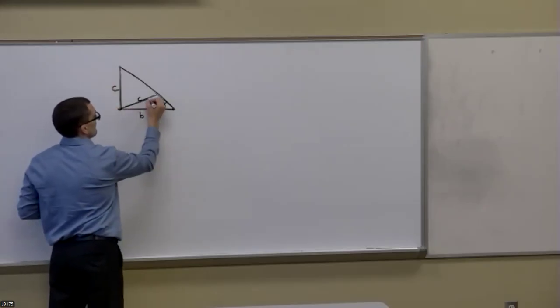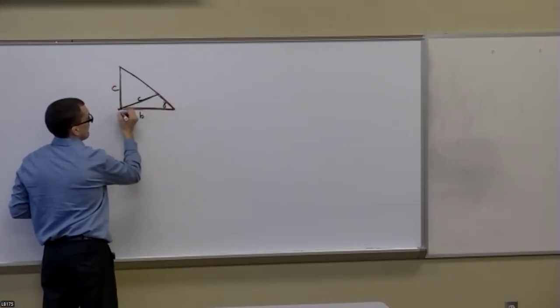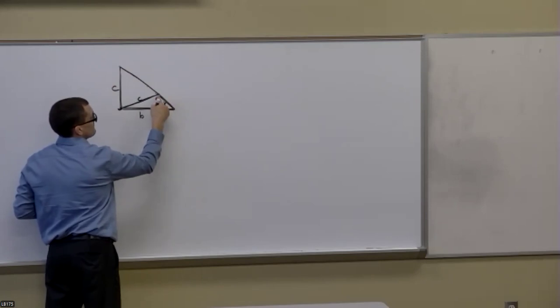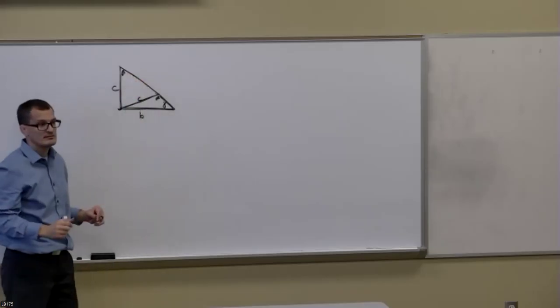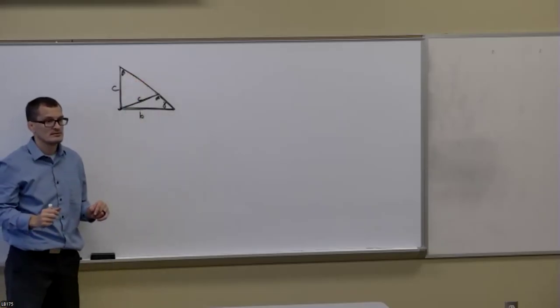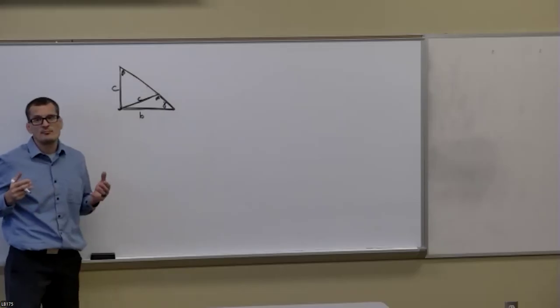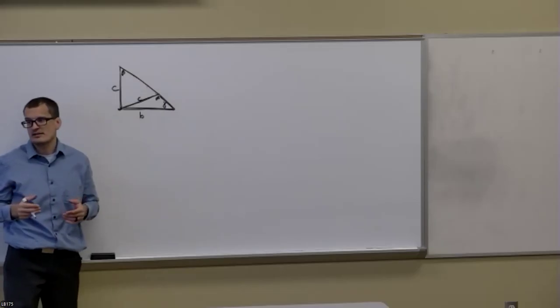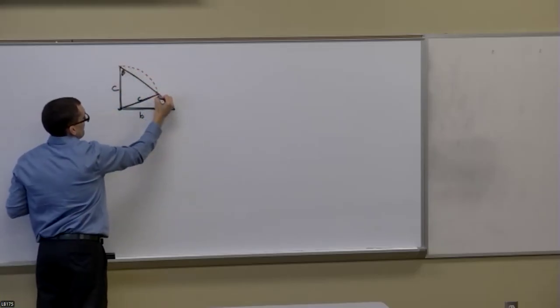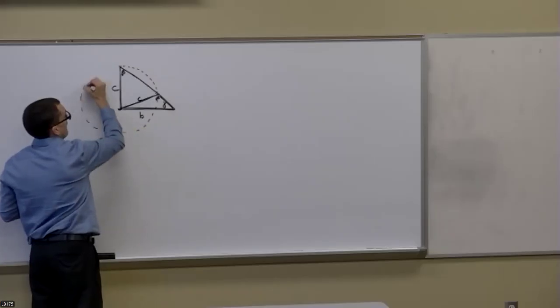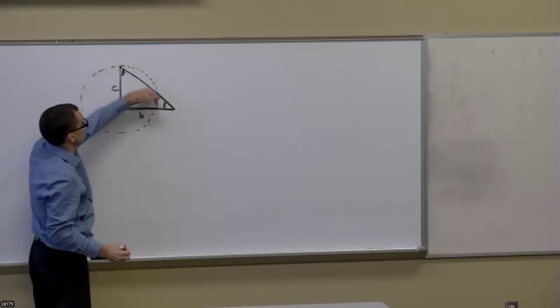One where the beta is an obtuse angle, and one where the beta is an acute angle. Make sense? So that's the picture that's happening. It's this rotation, and we're saying we have to intersect that side.